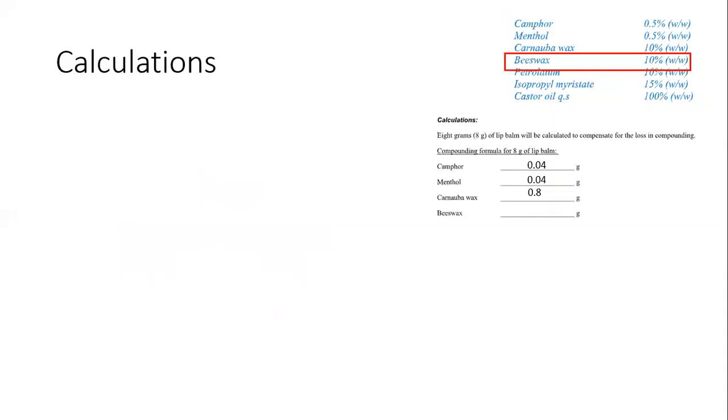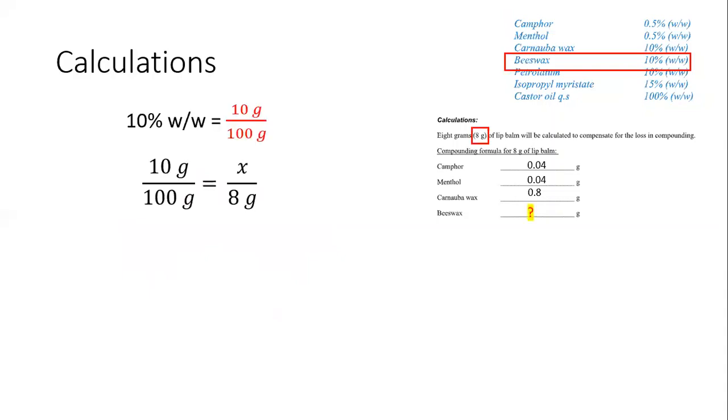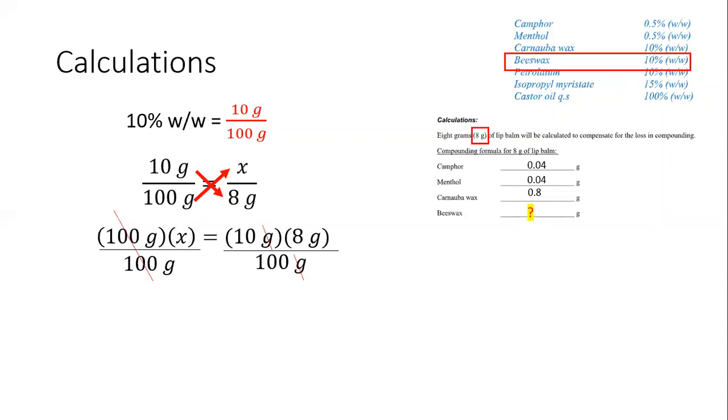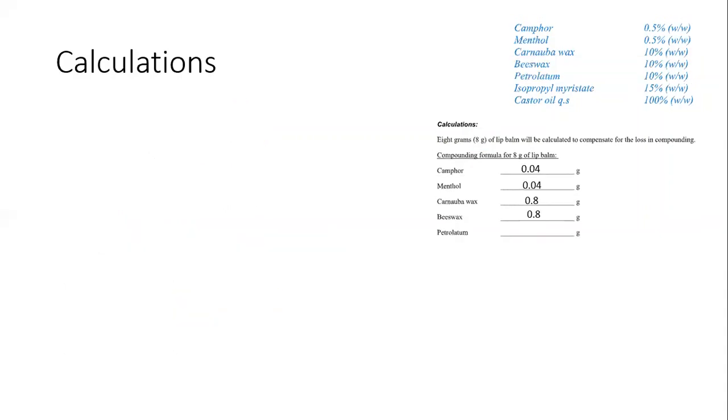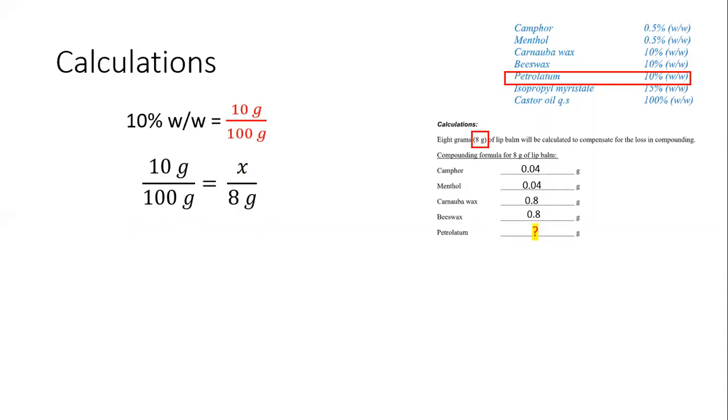For beeswax, the calculation again will be the same as we just performed for carnauba wax. Petrolatum is also calculated as we just did for the last two equations for carnauba wax and beeswax.